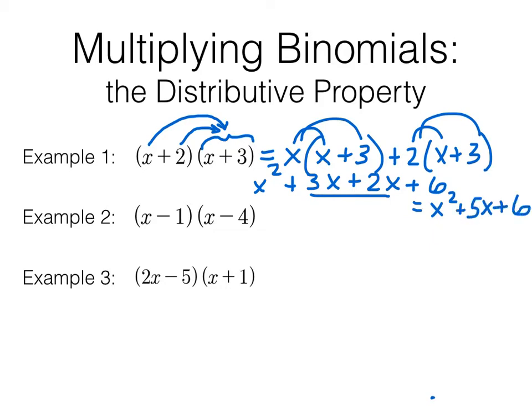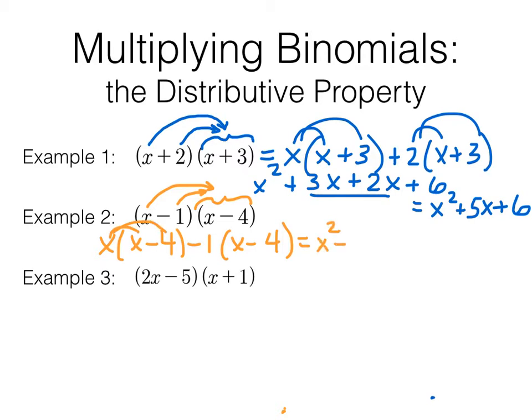Okay, let's try this next one. Same idea. I'm going to write underneath it because I kind of ran out of space. I'll switch to a different color. So it's x times x minus 4 and minus 1 times x minus 4. What does that give me? Well, x times x, x squared.